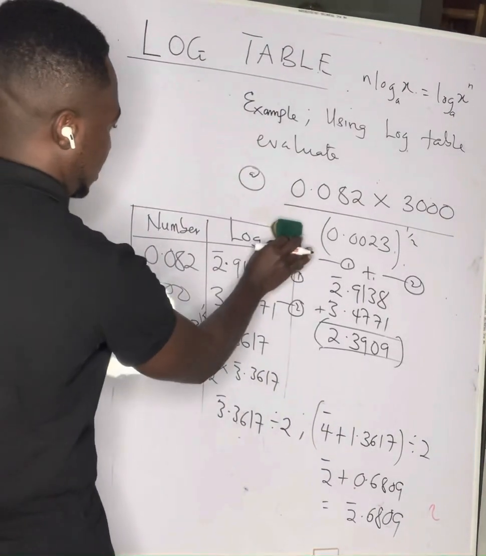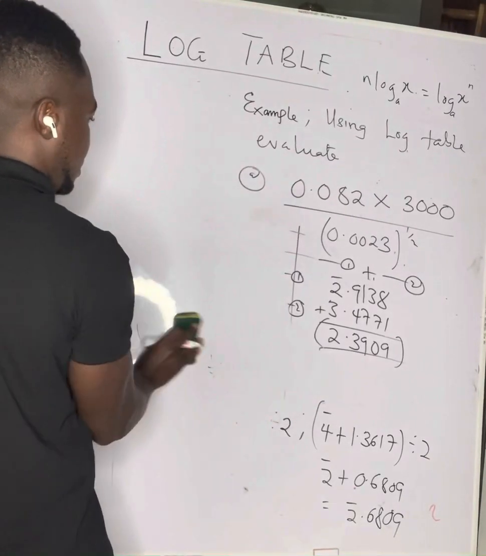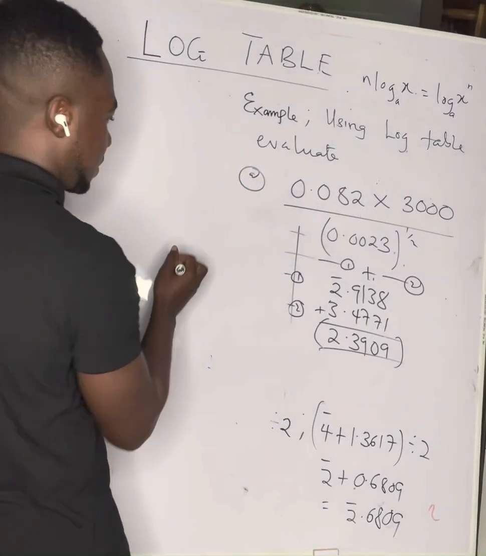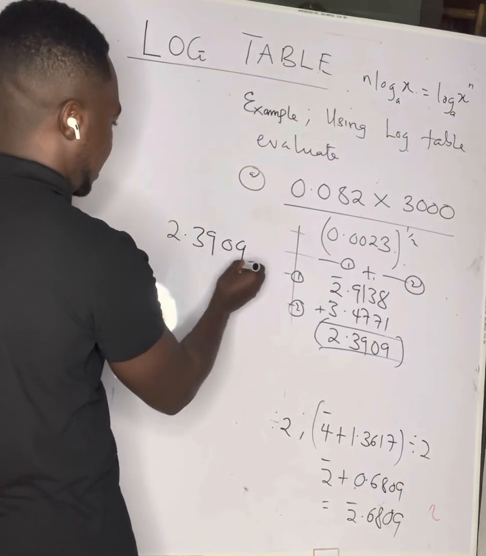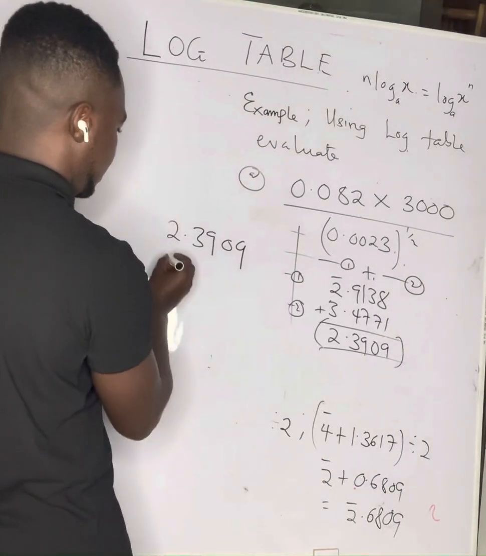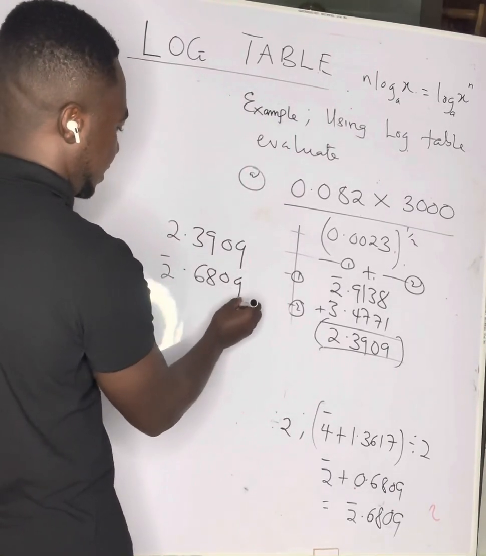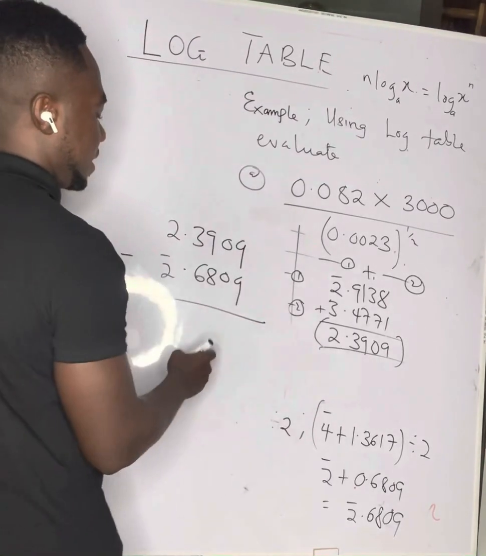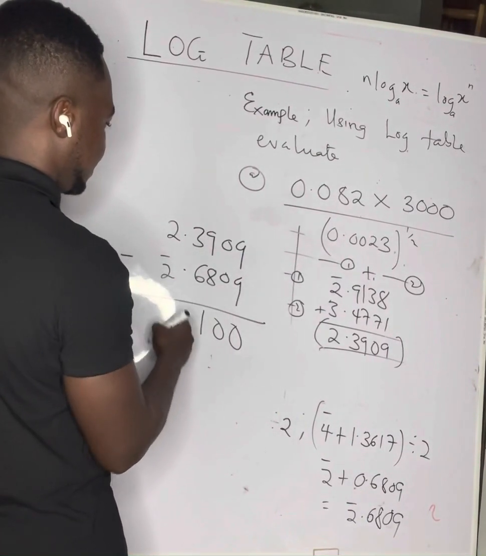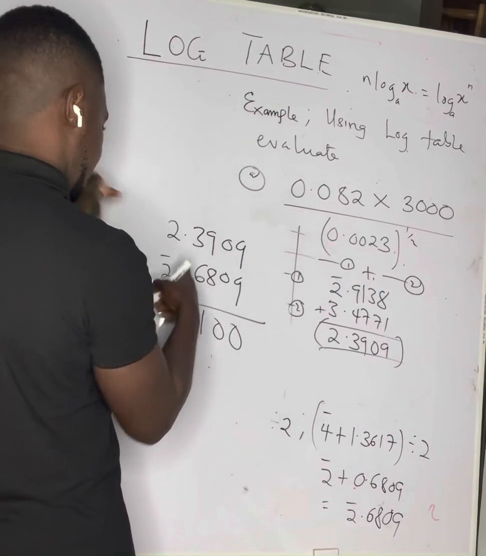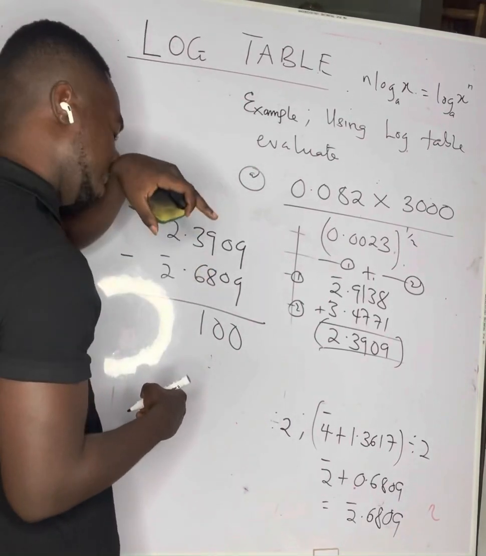Let me come here. I have 2.3909 minus the bottom, minus 2.6809. So 9 minus 9, 0. Then 6 minus 3, so borrow 1 from here, making it 13.